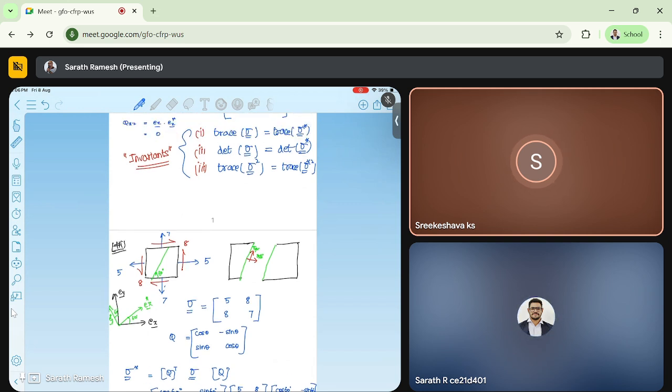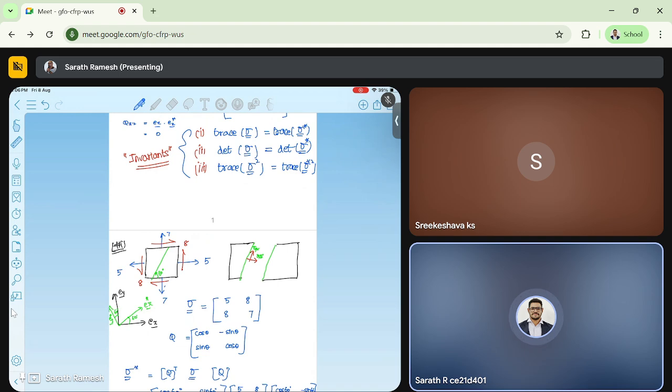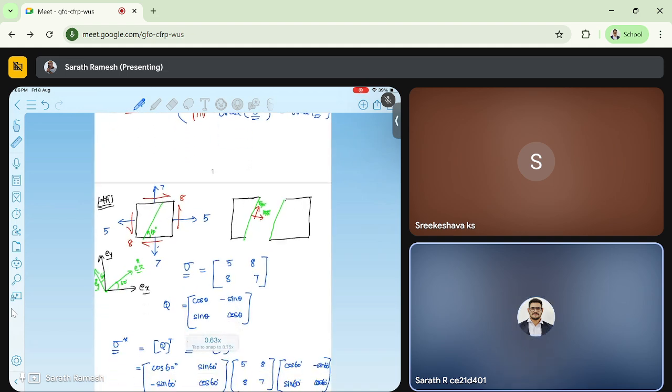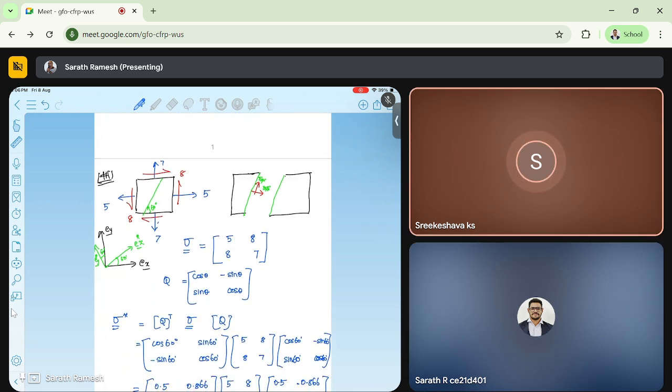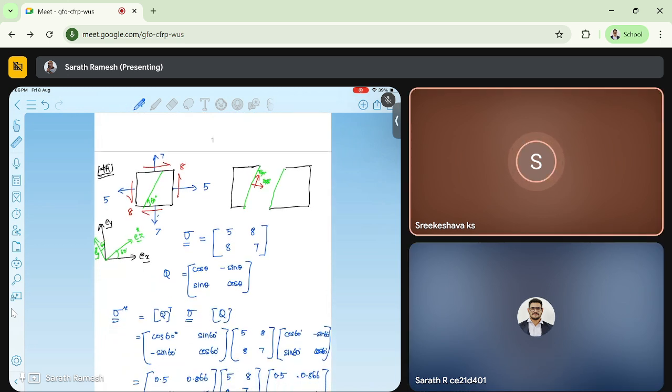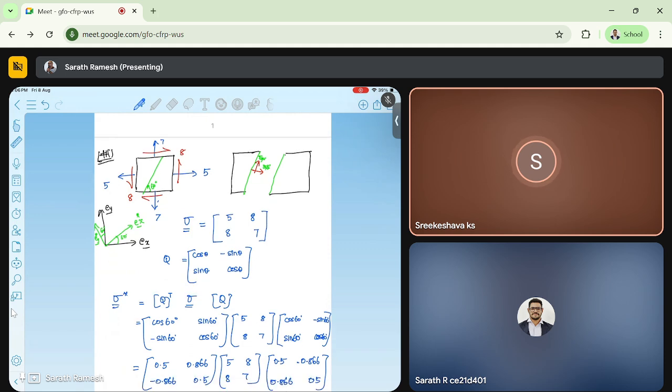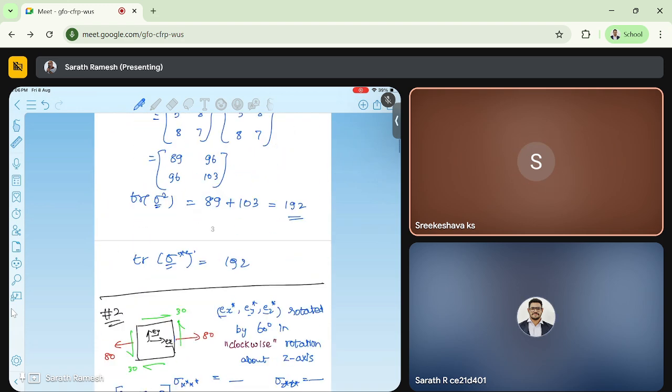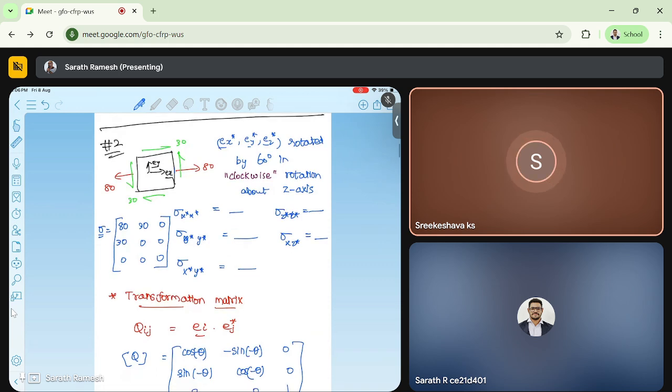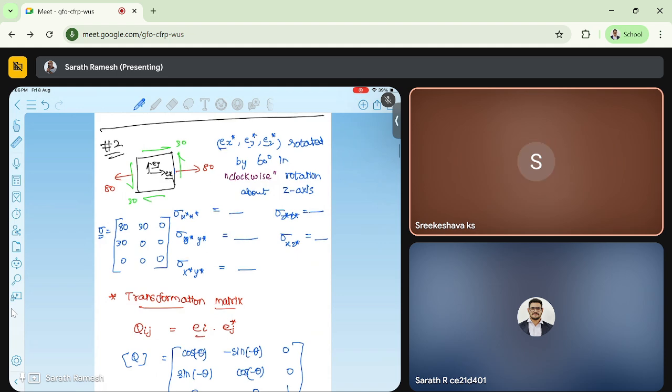We have not considered the z direction, that is, sigma z is 0. But in the next problem, problem number 2, they have given a 60-degree counterclockwise rotation about the z-axis. That's why we have considered another component, sigma z, right?